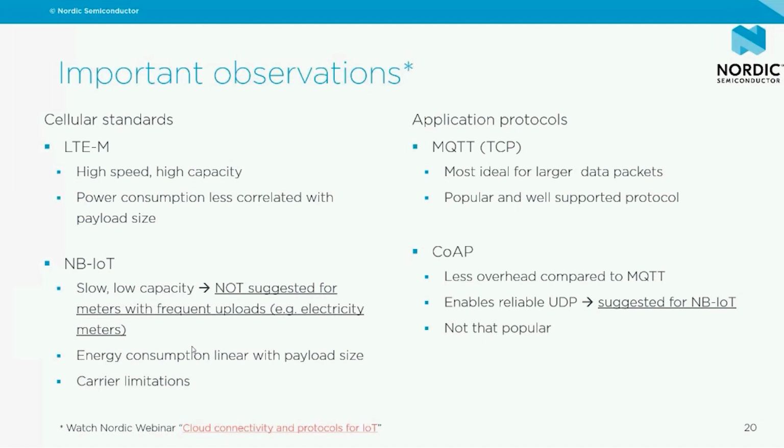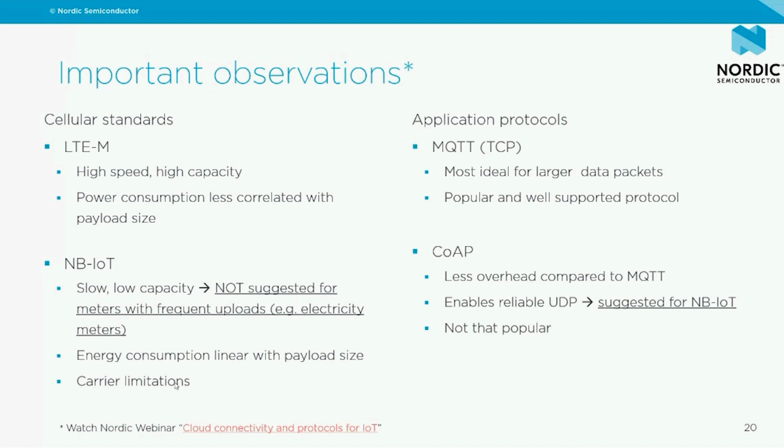Narrowband IoT is also built to have less bandwidth and lower capacity. So this is something we don't recommend if you have meters that need to upload data fairly frequently. And this also comes back to the fact that with Narrowband IoT, because there is limited capacity in the network, a lot of carriers actually put limitations on how many connections or how much data you can send over a certain period of time.